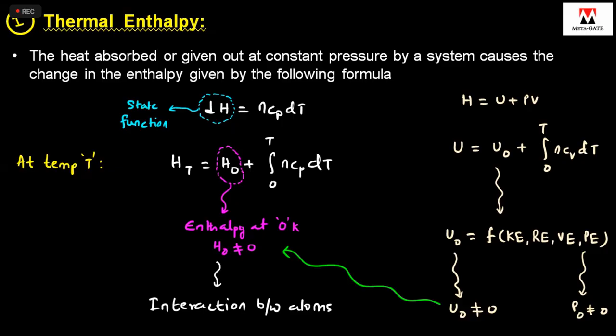Then why is U naught written as a function of kinetic, rotational, and vibrational energy? U naught should be a function of potential energy, and total U should be a function of all of them. Yes, I understood. That is just the way of writing. What I mean to say is this is U, of which a specific value is U0.